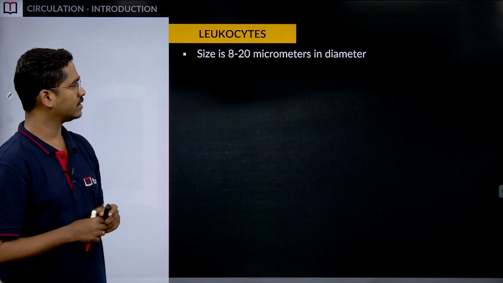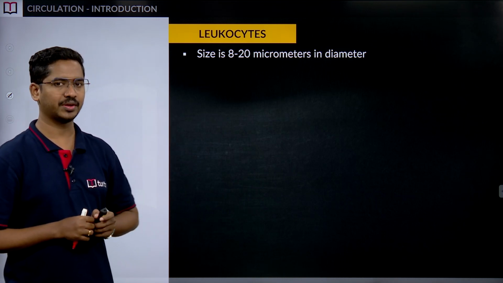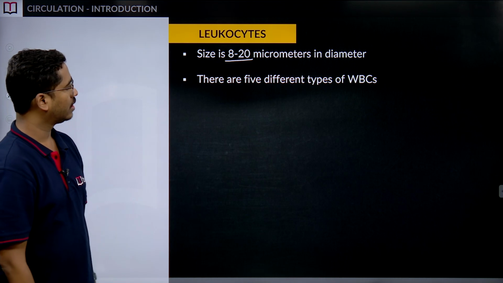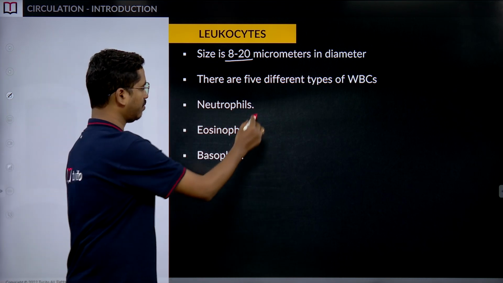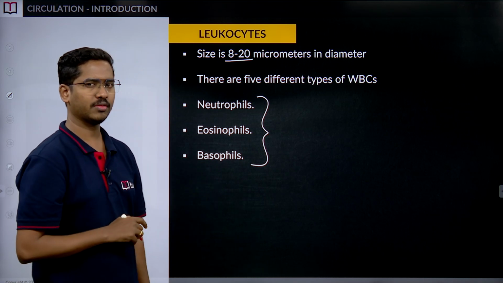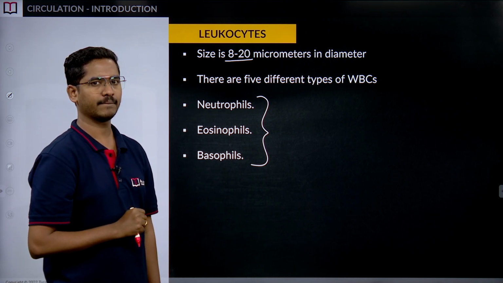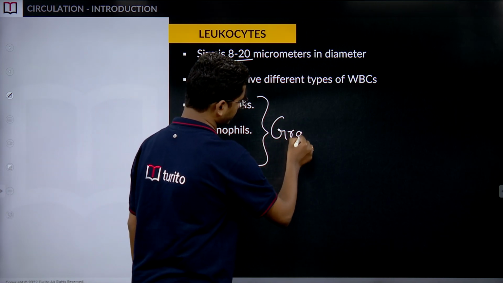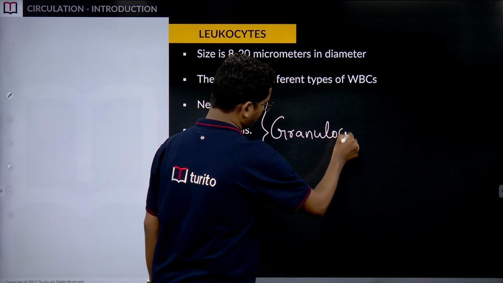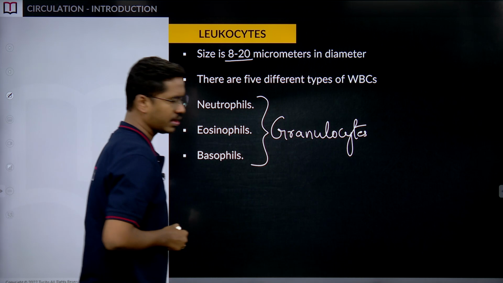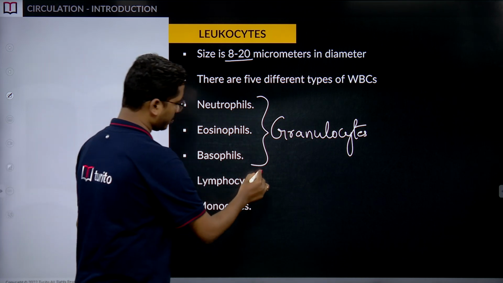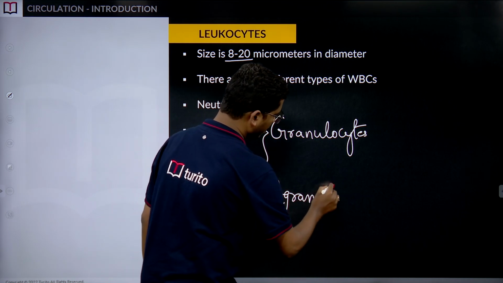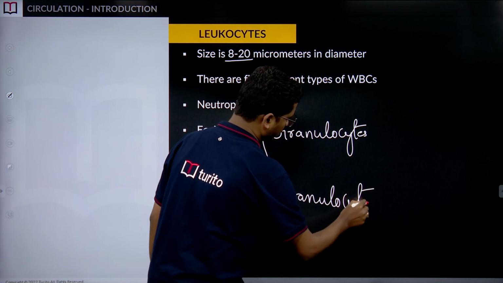So, you see here the size in terms of diameter, the bigger size, 8 to 20 micrometers in diameter, and there are 5 types we have seen: neutrophils, eosinophils, basophils are basically known as granulocytes, and lymphocytes and monocytes are basically known as agranulocytes.